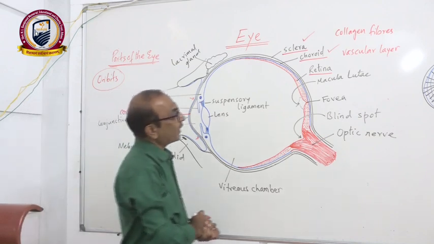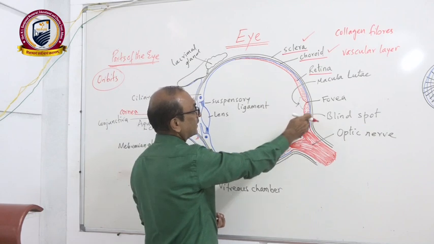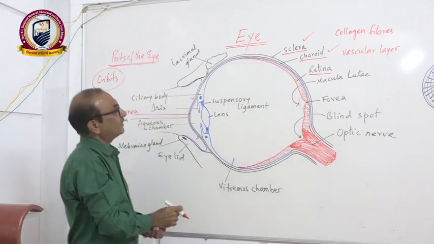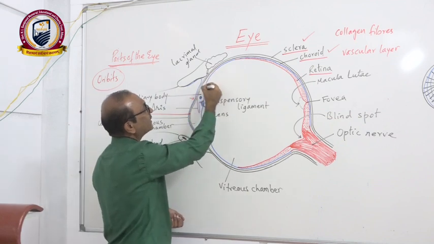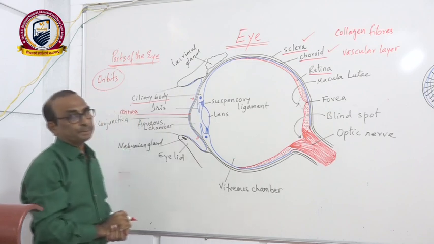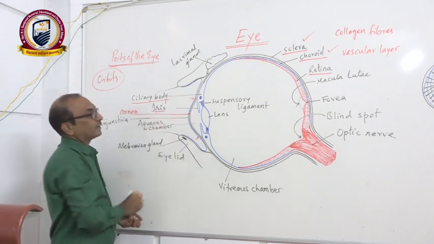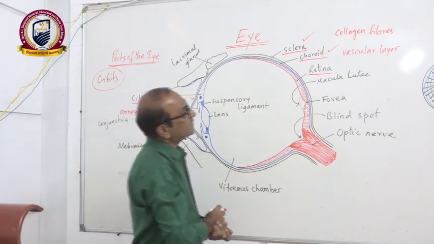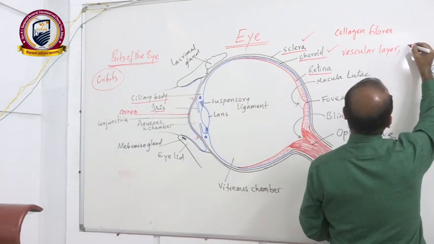This choroid layer is thin in much of the posterior part, and anteriorly it becomes thick and forms what is called the ciliary body and iris.